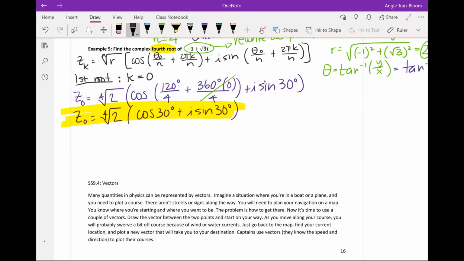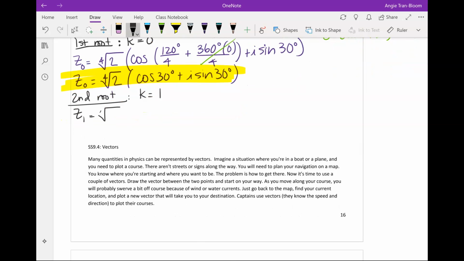Okay, root number 2. Hey, listen, I didn't make up the rule, okay? I'm just teaching you. Second root, what would k be? 1. Let's plug it in. Z subscript 1 equals, do I need to find radius and theta again? No, it's already found. What goes here?